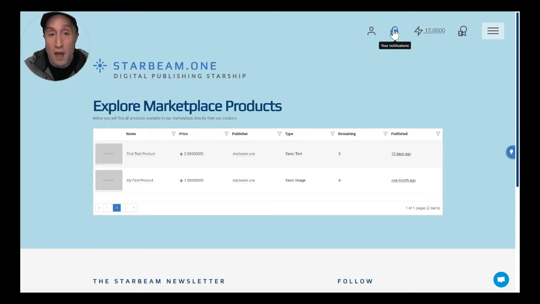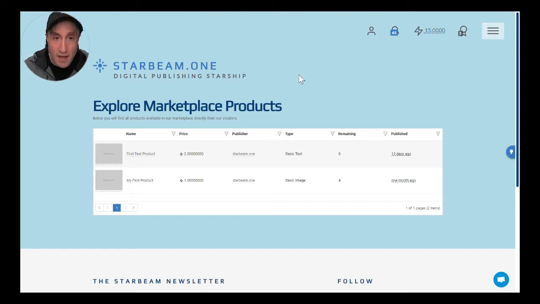I make sure that every icon in starbeam.one, or anything that I design or have any part in, has mouse over text, because it's a huge pet peeve of mine to have an icon just sitting there with absolutely no idea what it does. I absolutely hate that. So if I'm guilty of that, let me know, because I will take care of that immediately.